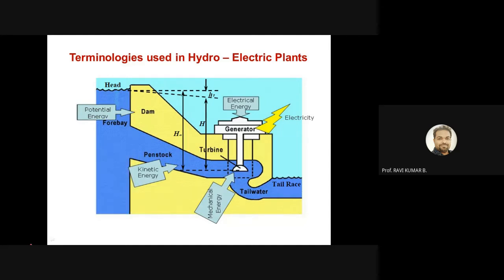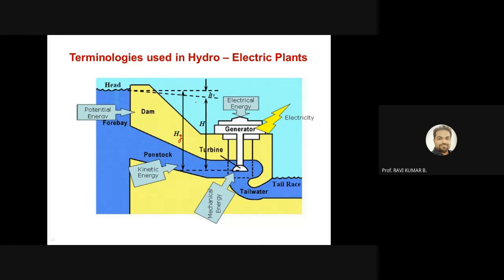Then when you reduce the losses, particularly the major loss, out of this Hg, and over the length of the pipe, which we also call the penstock, losses will be incorporated. Finally, this is the turbine inlet.